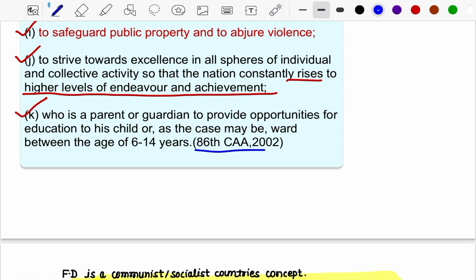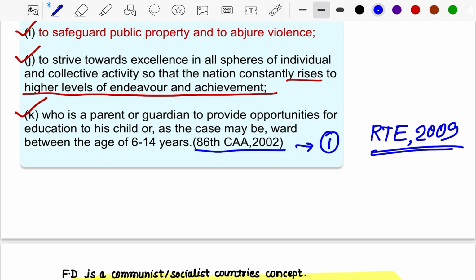This is very important. The 86th Constitutional Amendment Act 2002 added one more fundamental duty, right? After that, a Right to Education Act was brought in 2009, which made it a compulsion of the state to provide elementary education to children in the age group of 6 to 14 years.